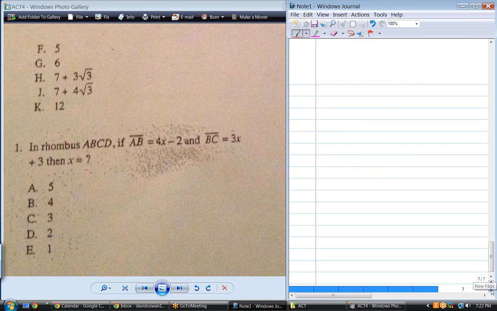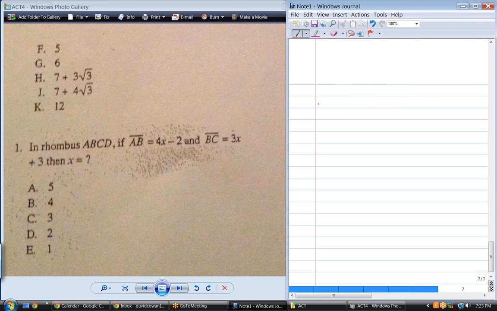Problem 1. What's a rhombus? The thing that looks like a diamond. What's the definition of a rhombus? 2 equal sides and then 2 other equal sides. That's a kite. A rhombus is a kite, only all 4 sides are equal.